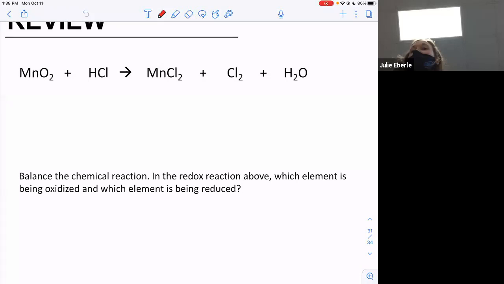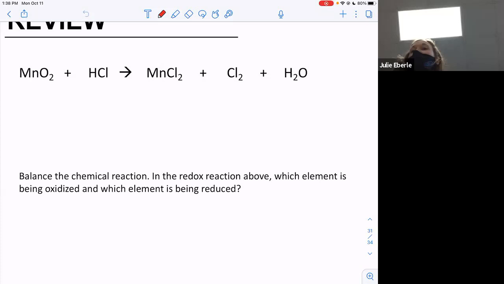So what should we do to balance this real quick? Right, our oxygens: we have 2 on the reactant side, 1 on the product side.